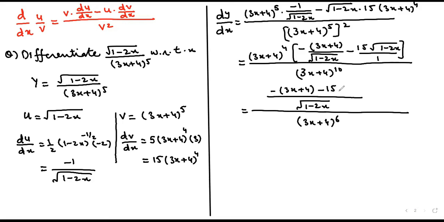This will become (1 − 2x) with power 1. When we multiply this (1 − 2x) with under root (1 − 2x), bases are same. We will add the powers 1 over 2 plus 1 over 2. The final power is 1.